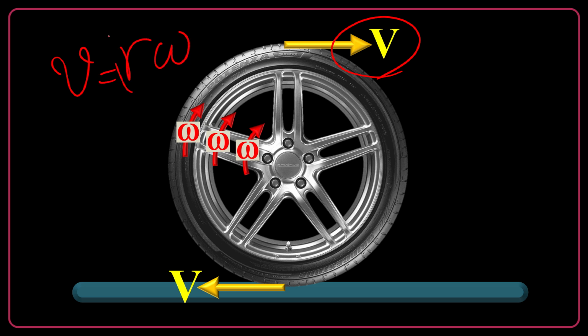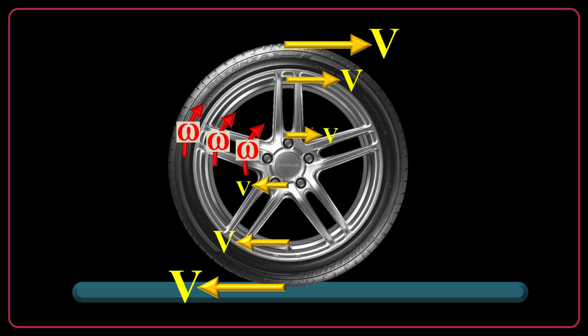Omega is the same, but r is different. If you take a point here, the distance to the center is different, the radius of rotation is different, so velocity or speed cannot be the same. So velocity for the points further away from the center will be larger and larger, but omega is the same.